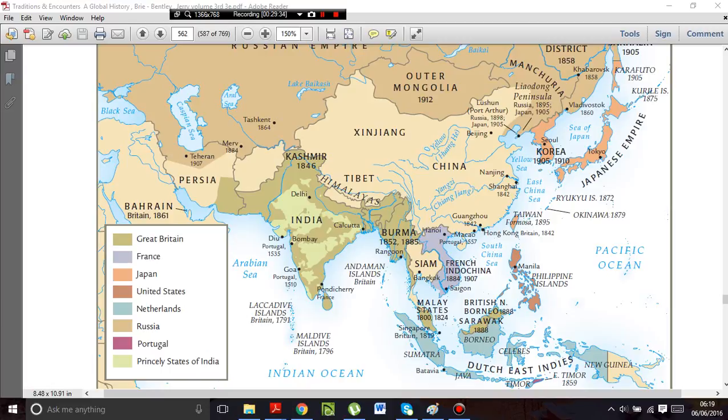So Dutch officials tightened their control and extended their authority throughout the Dutch East Indies, down here in blue. And this makes up modern day Indonesia. They had their cash crops there of sugar and tea and coffee and tobacco and rubber and tin, and therefore it was a valuable colony.